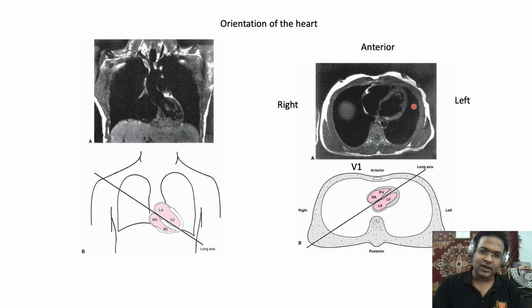And if you see clearly, this left ventricle is not in contact with the anterior chest wall. It's slightly posterior and towards the left. The left atrium is the posterior most structure just in front of the esophagus here, somewhere collapsed. And the right ventricle is anterior here, and the right atrium is the rightmost structure, which is also side by side to the right ventricle.